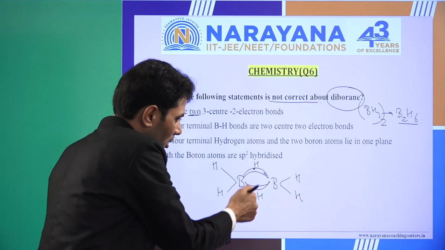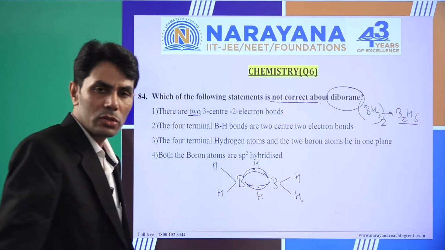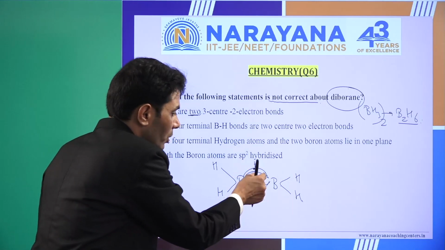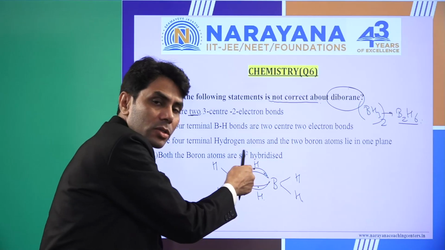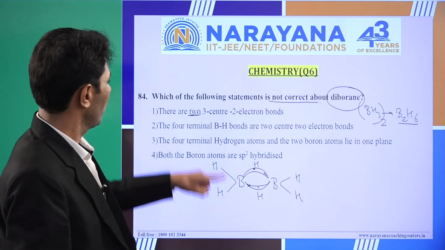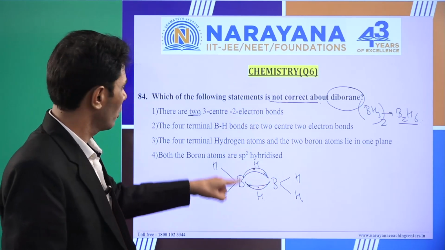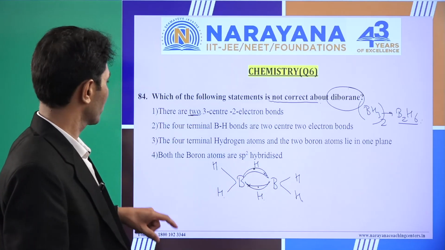In another banana bond, there will be 1 electron from this boron and 1 electron from hydrogen. So there are 2 electrons working for 3 different atoms, 2 boron and 1 hydrogen. So it is a 3 center, 2 electron bond. And how many are there? There are 2. So it is correct. Next.